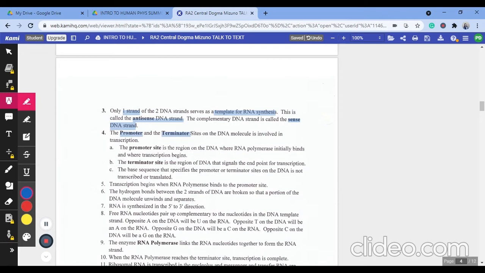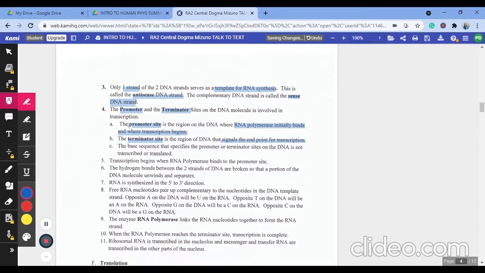The promoter site is the region in the DNA where RNA polymerase initially binds and where transcription begins. The terminator site is the region of the DNA that signals the endpoint for the transcription. And the base sequence that specifies the promoter or the terminator sites on the DNA is not transcribed or translated.